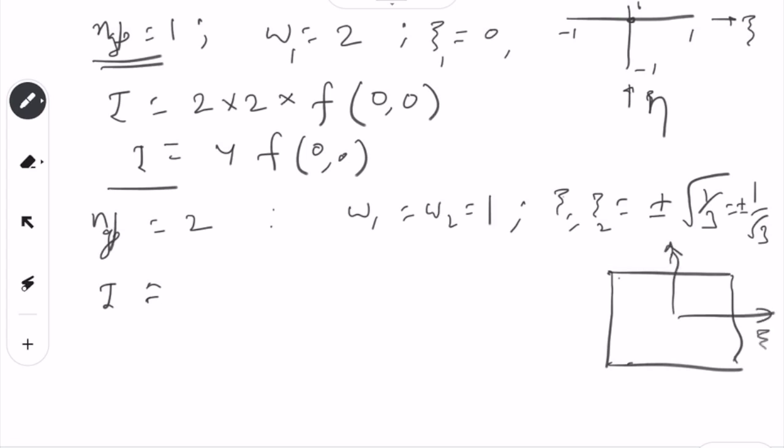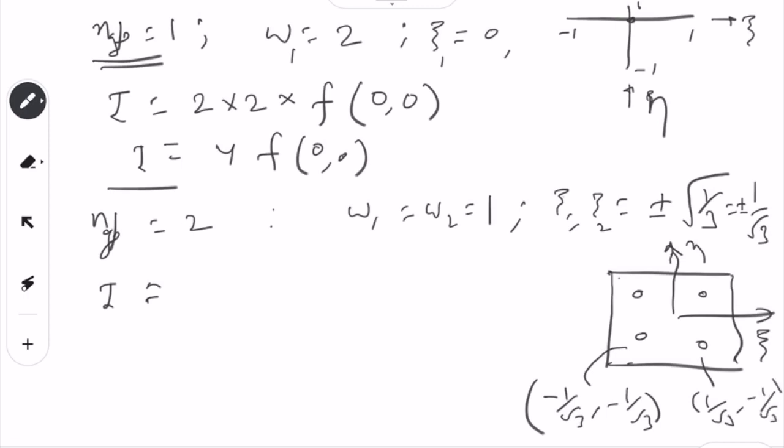So we have xi, we have eta, and then we get 4 points like this one. Those 4 points are: minus 1 over root 3, minus 1 over root 3; then 1 over root 3, minus 1 over root 3; then minus 1 over root 3, 1 over root 3; and 1 over root 3, 1 over root 3.